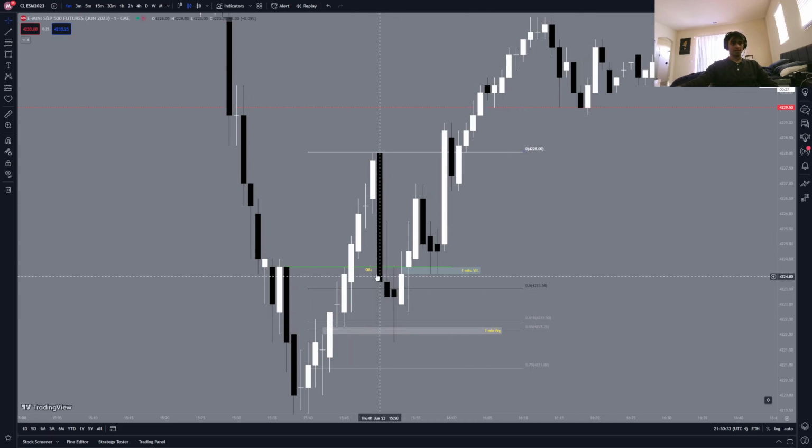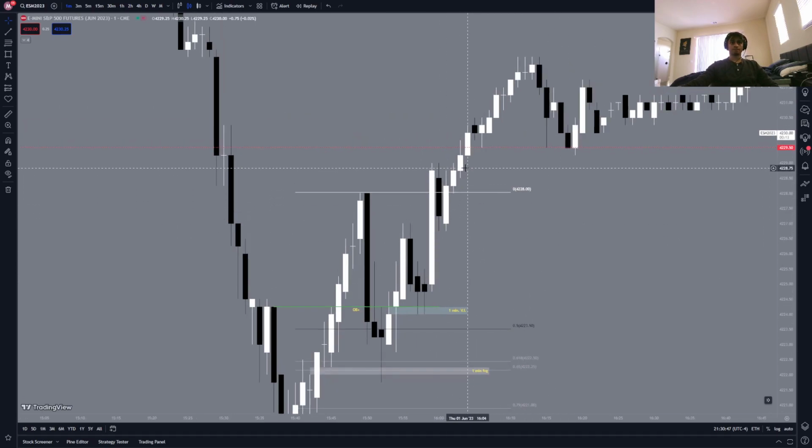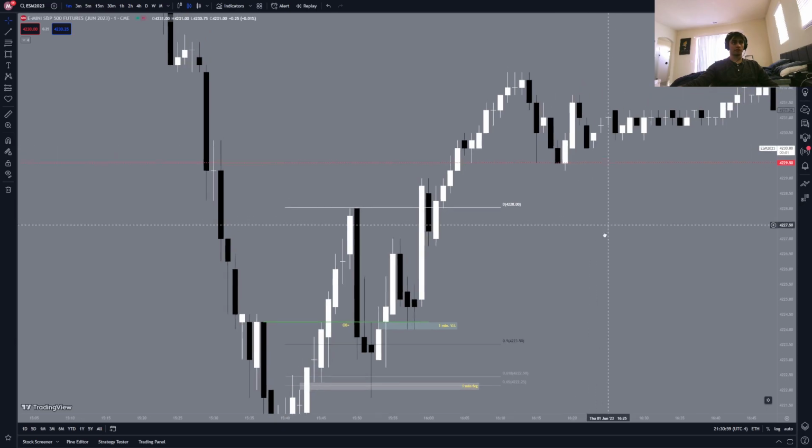So I did take this entry at this order block, 24,042.24. Came up here, marked in my 1 minute volume balance, held that nicely as well. And then I went ahead, took some partial profits here at 28.50, somewhere around there, for 4 or 5 points, 4 or 5 handles.